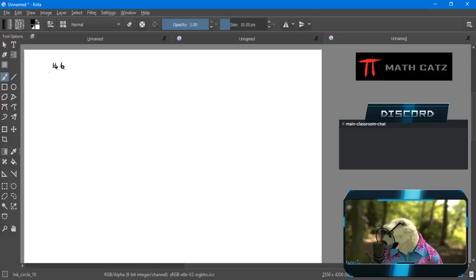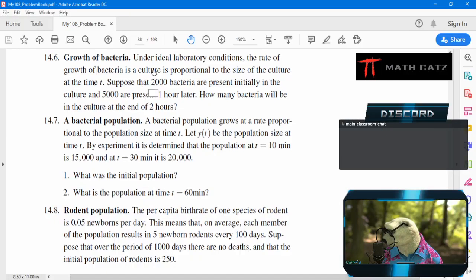14.6, and it's now just a matter of practicing to see all the little variations that could come up. This is still a word problem, so if they don't define the variables for me, I'm going to have to do that. They do define t, and t is standard for time.